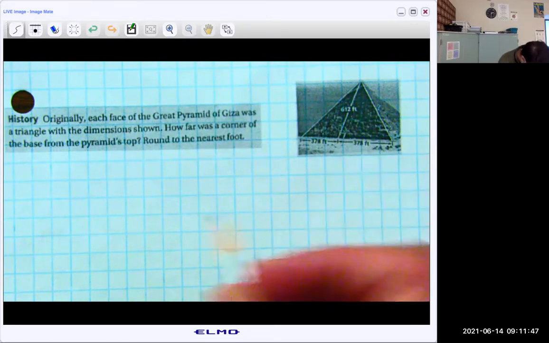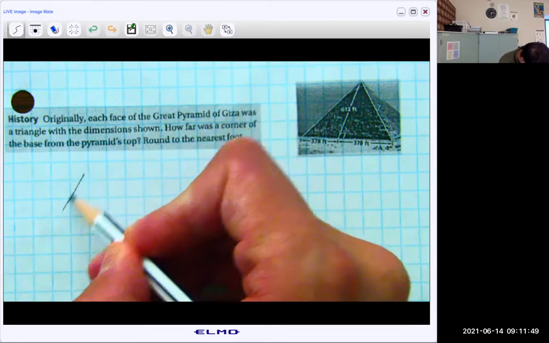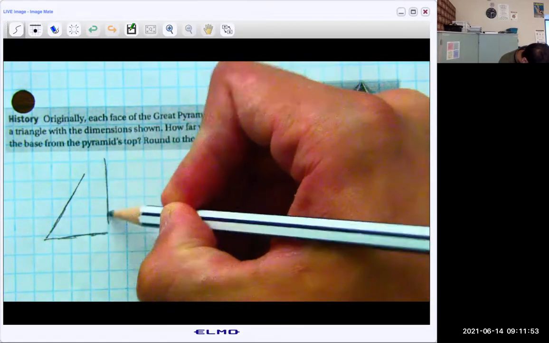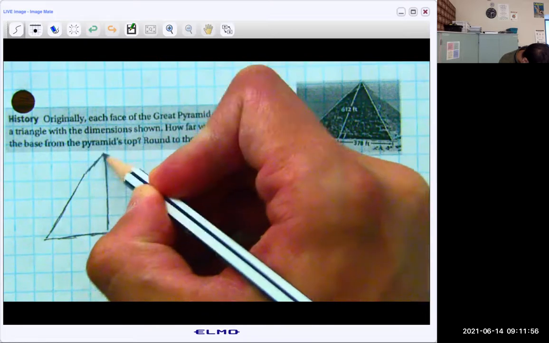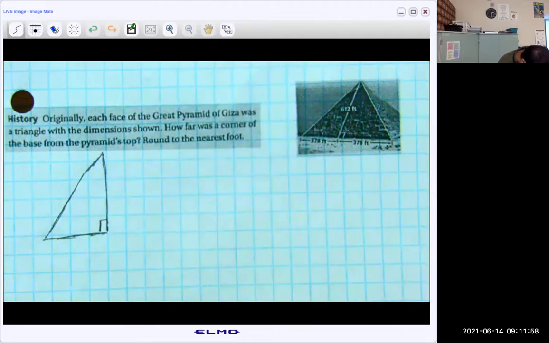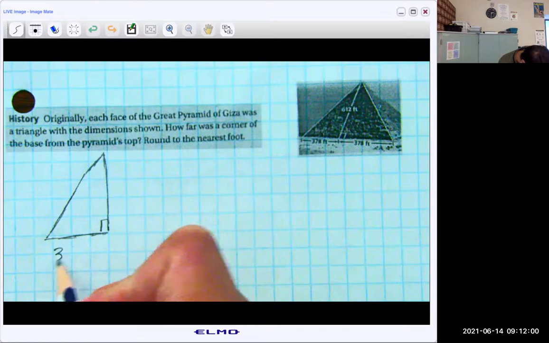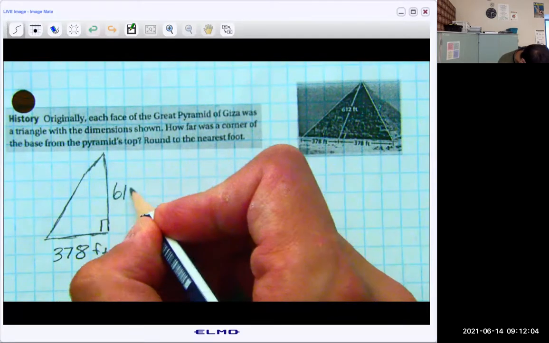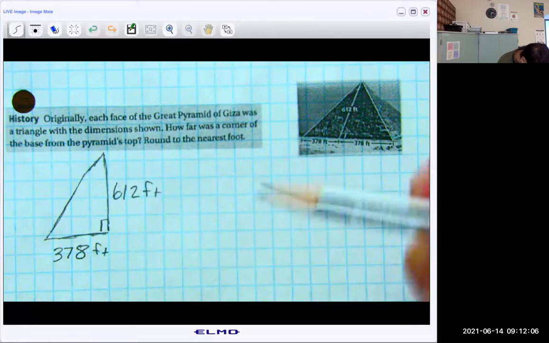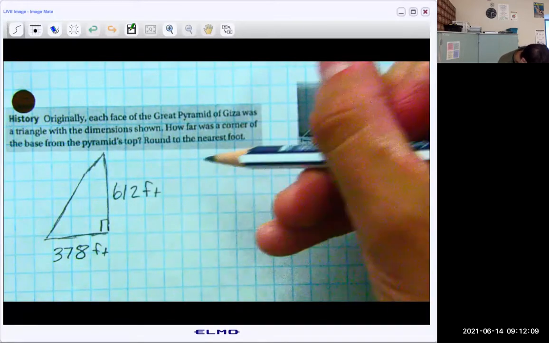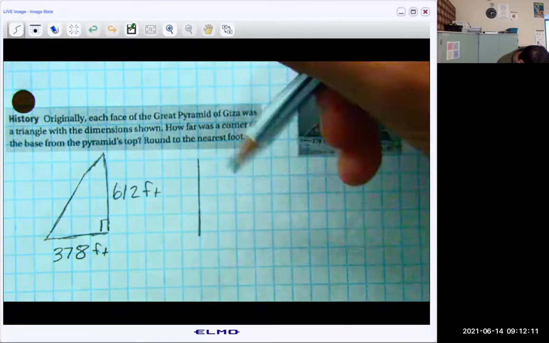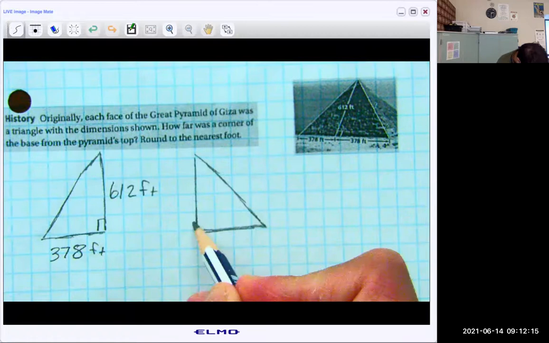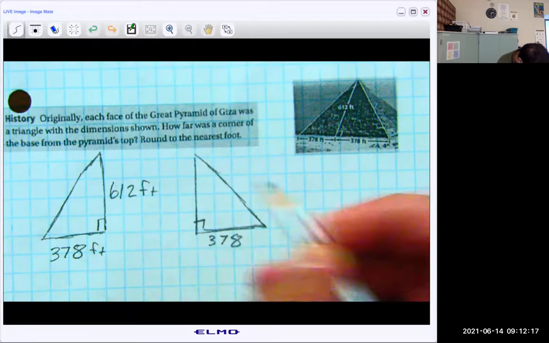So it looks like this. You have one triangle, kind of like that. They say that this is 378 feet. This is 612 feet. And then in the picture, they have the other side, which is the same: 378 feet and 612 feet.